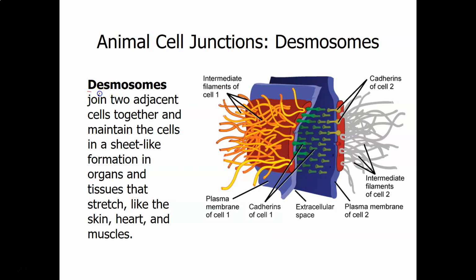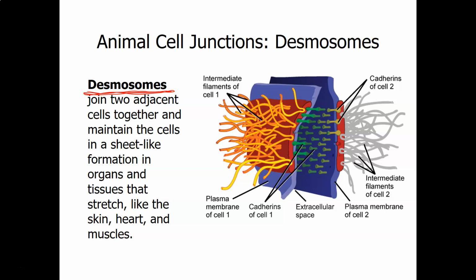Desmosomes are very strong connections that form between cells, kind of like a spot weld. It's like one button-like connection, but it's really strong. Tissues that stretch a lot need desmosomes.